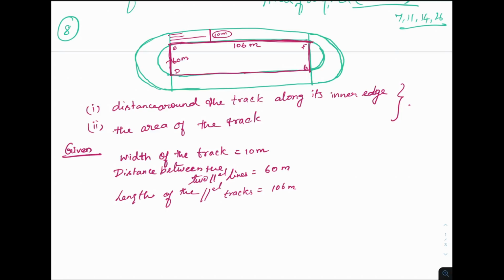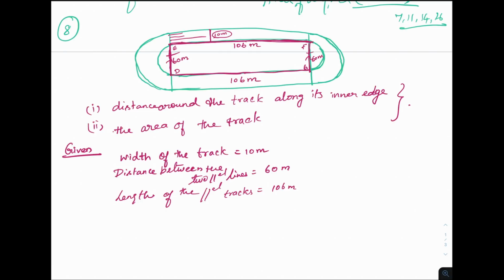These two will be parallel as well as equal. So both are 60 meters. And then the same thing, parallel sides also. Here parallel and equal, these two will be 106 meter.